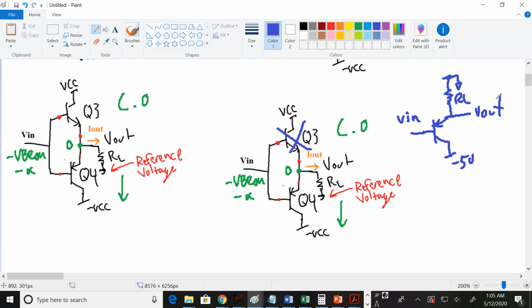So how the push-pull works is, it turns on one common collector if Vin is high, and it turns on a second common collector if Vin is low. And by putting 2 VBE on between the bases, if Vin just goes up a little, then it turns on the top half.